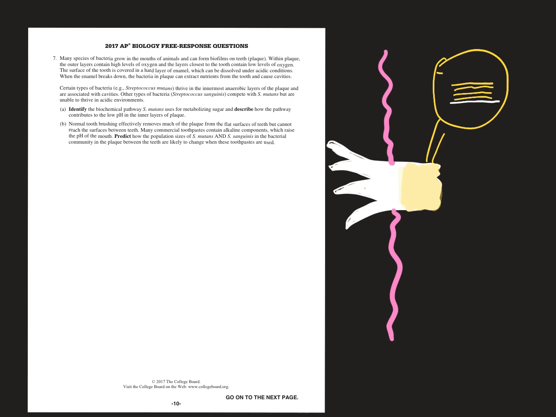All right, so certain types of bacteria, Streptococcus mutans, thrive on innermost anaerobic layers. So I know that this is going to be anaerobic, so they're not going to use oxygen. These bacteria out here, I'm going to use a different color, these bacteria out here use oxygen, and these bacteria down here need no oxygen, right?